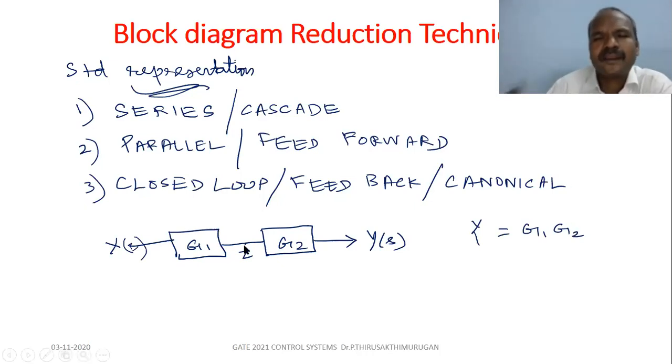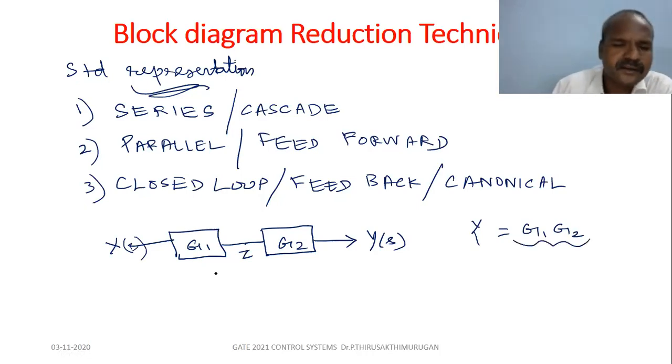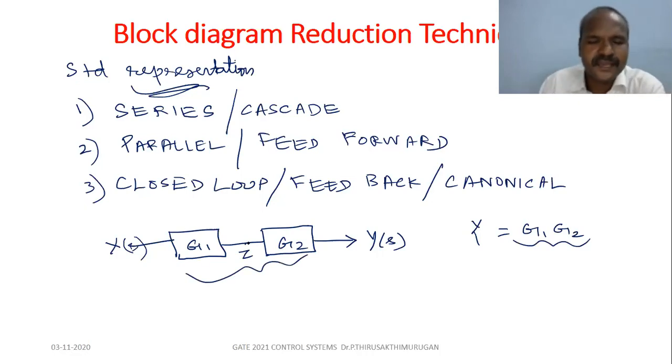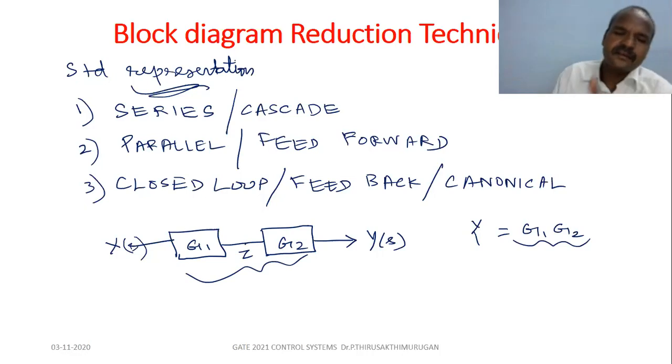If two or more are connected in series, then the net gain is the product of the gains. Gain, transfer function, model are all the same; the representation may vary.